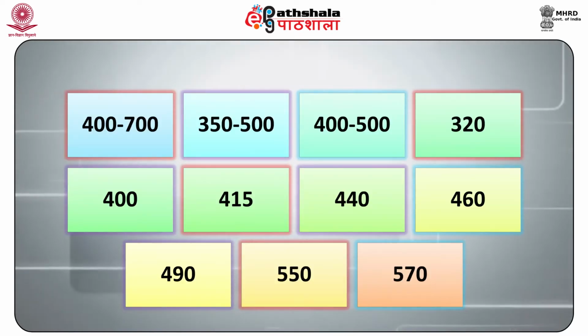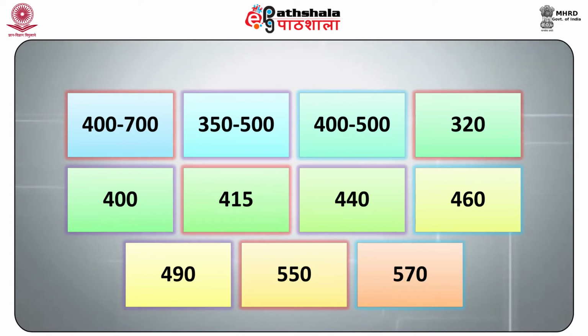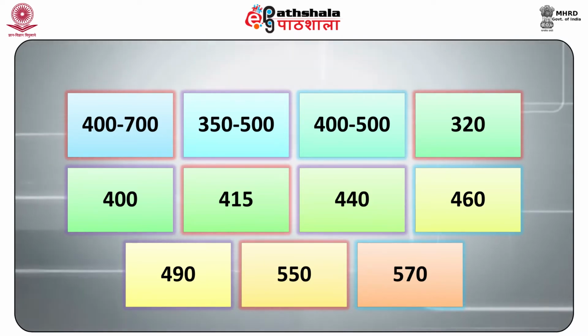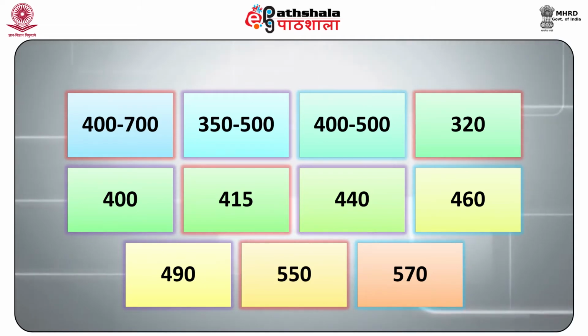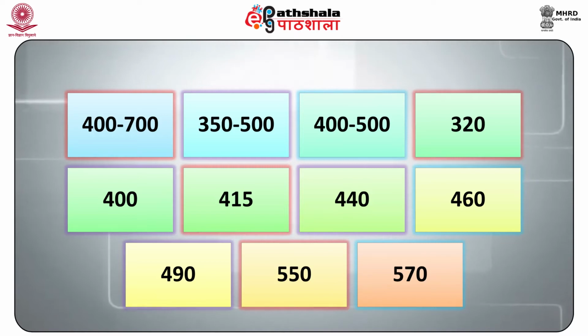Wavelength can be chosen by 11 adjustable filter positions, that is 400 to 700, 350 to 500, 400 to 500, 320, 400, 415, 440, 460, 490, 550 and 570.